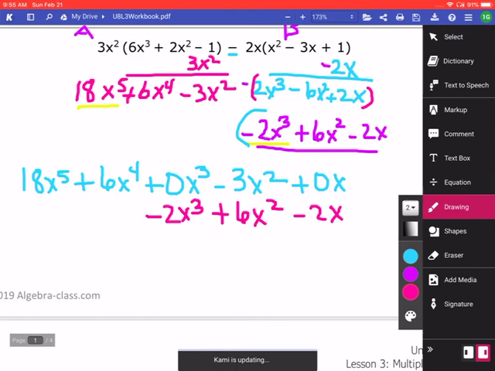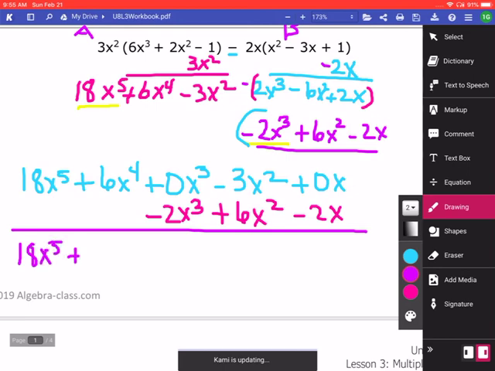Now we'll just simply have to combine all of our terms. Okay, so 18x to the 5th plus 6x to the 4th minus 2x cubed. Now we have a negative 3 and a positive 6, so we combine those.